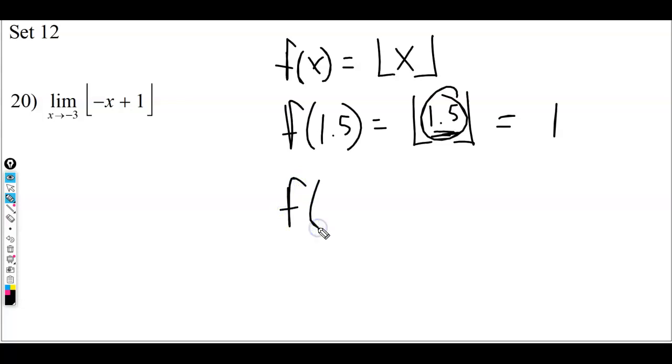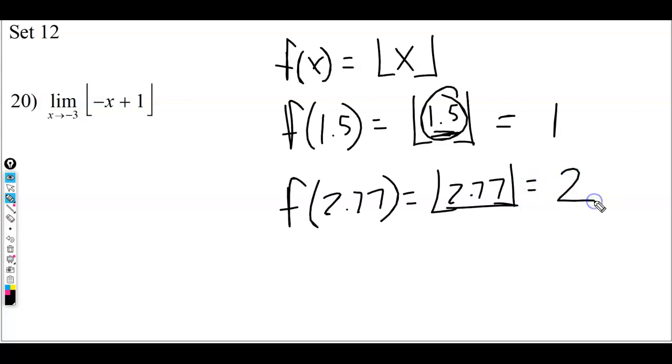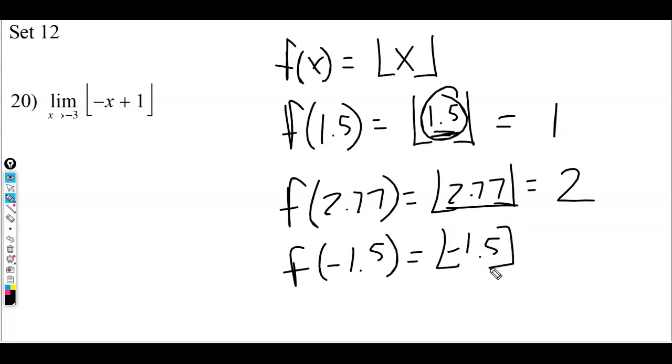Do another example here. What about 2.77? Well, what's the nearest integer that's less than 2.77? The answer is 2. Gotta watch out for negatives, though. Check this out. What if I gave you negative 1.5? What's the nearest integer that's less than negative 1.5?